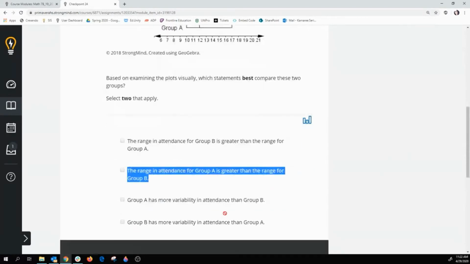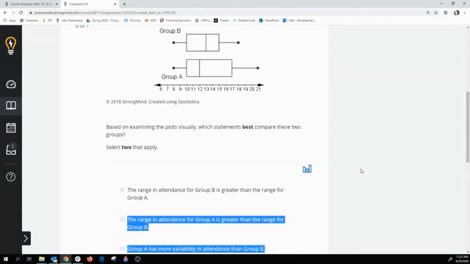A, perfect. So Group A has more variability, and the range in attendance for Group A is going to be bigger than Group B. Does anyone have questions on this one, or are we okay to move on?